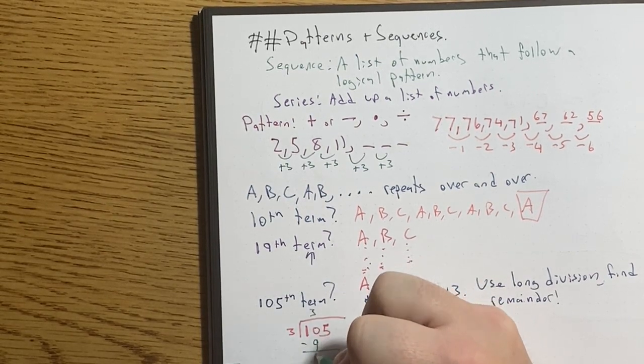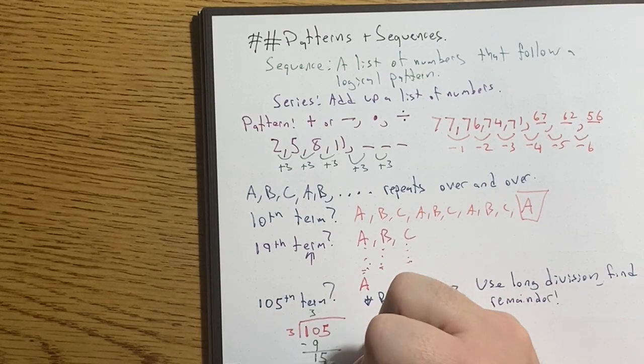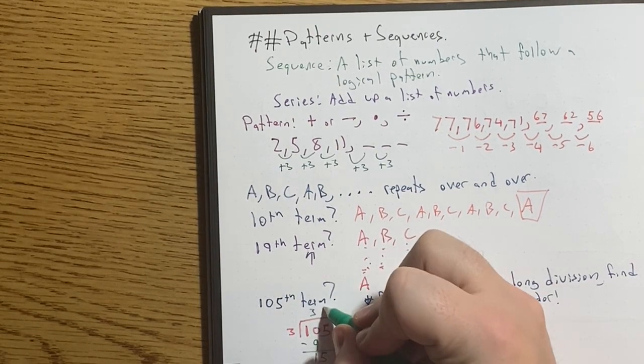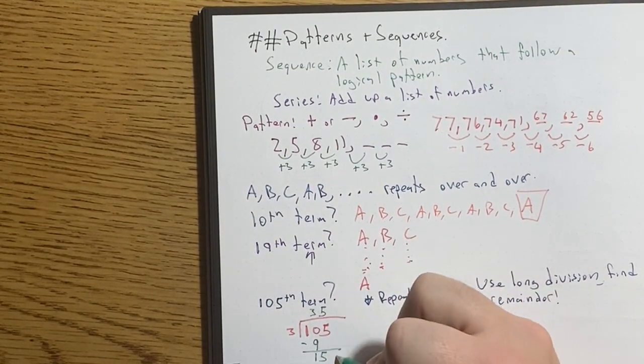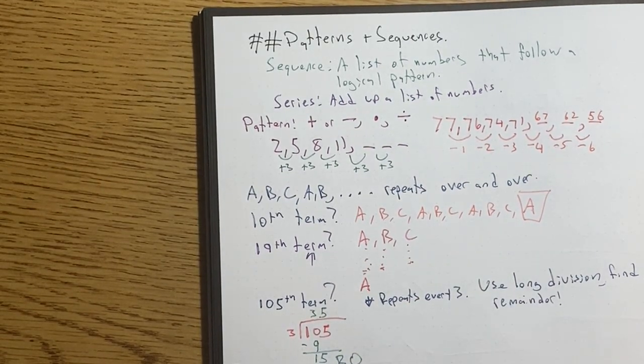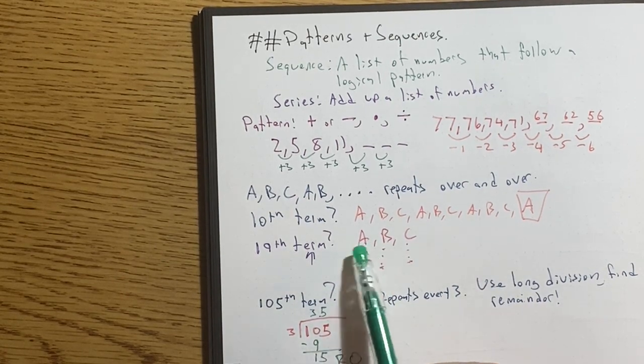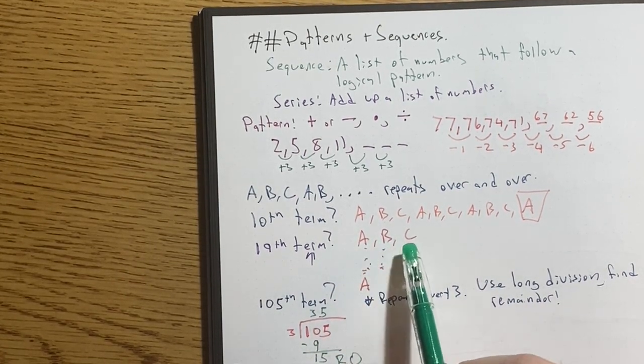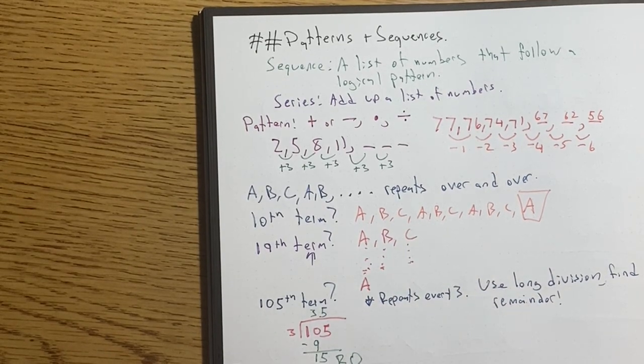Subtract, and you get 15. 3 goes into 15 five times. You get 35, remainder 0. That means the pattern repeats exactly 35 times with no remainder.